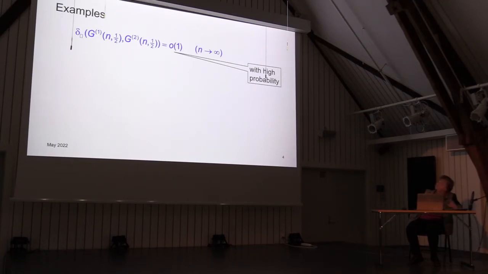If you consider two such random graphs, then their cut distance will go to little o(1) when n goes to infinity with high probability.